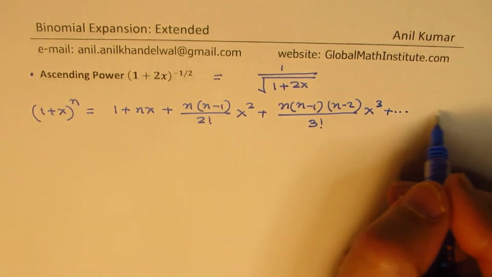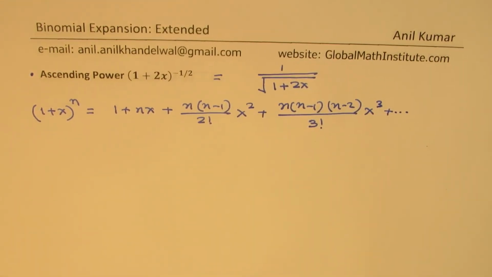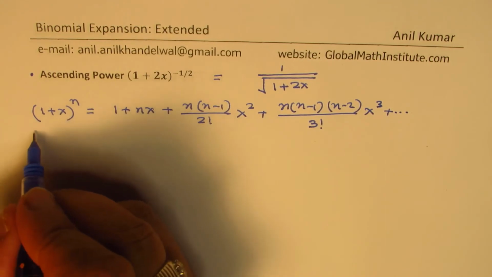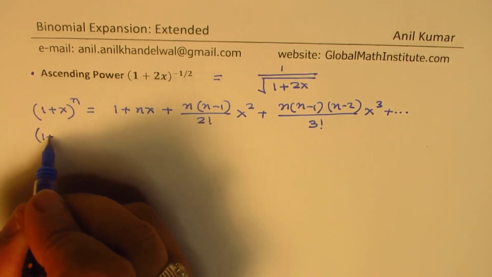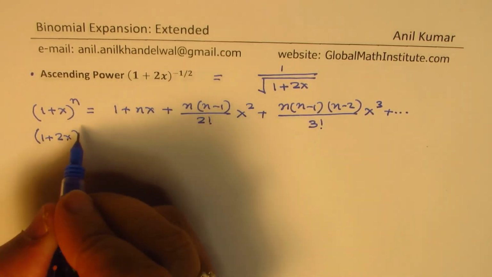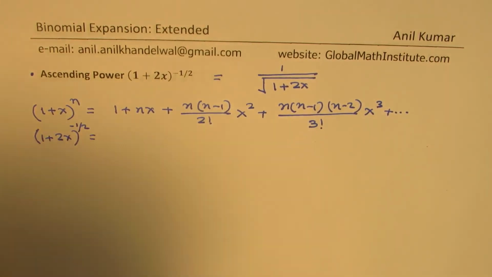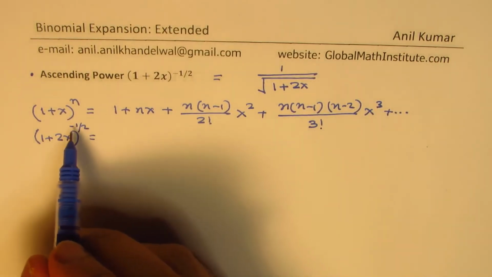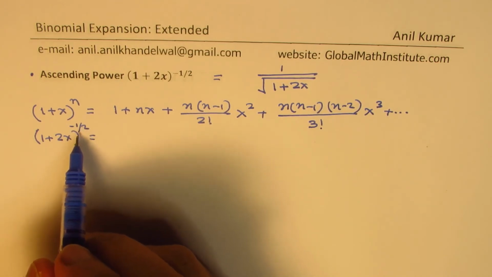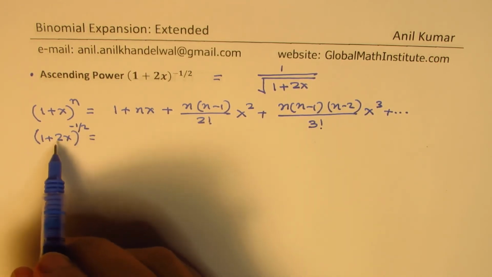Now these terms are very small, so we can just leave them. In our case, we have 1 plus 2x to the power of minus half. Do you see that? So we have minus half. So n will be replaced by minus half, and x will be replaced by 2x.